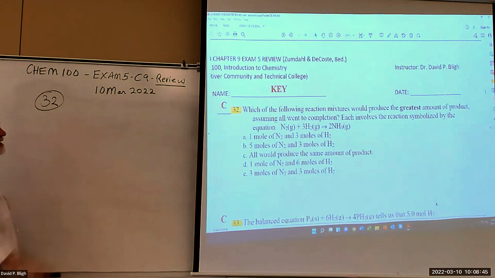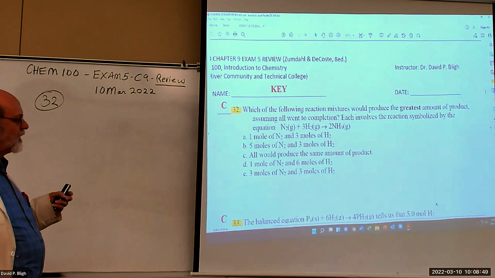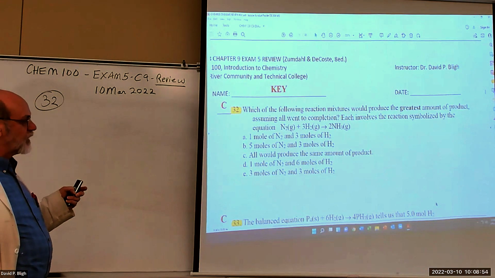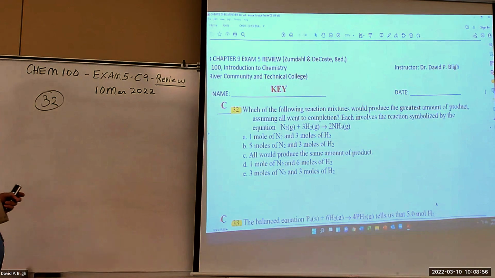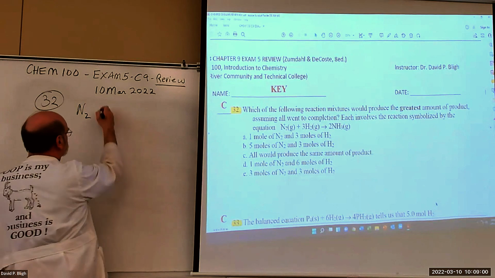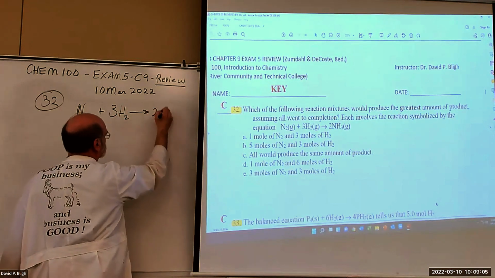32. Which of the following reaction mixtures would produce the greatest amount of product, assuming all went to completion? Each involves the reaction symbolized by this equation. So we got the Haber equation again. N2 plus 3H2 yields 2 ammonia.